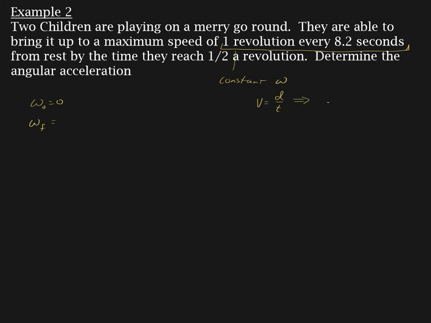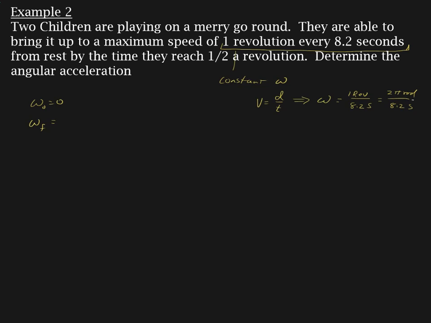And so in this case, we're going to say omega is equal to the angular displacement, which would be 1 revolution, divided by the time interval for 1 revolution, which is 8.2 seconds. Now, we don't want to leave this as revolutions, and since we know that it's supposed to be 1 revolution in 8.2 seconds, we can just write that as 2 pi radians every 8.2 seconds.